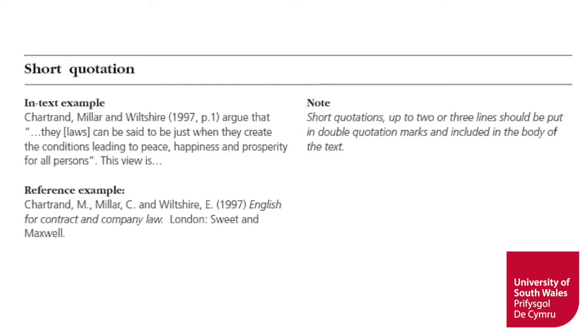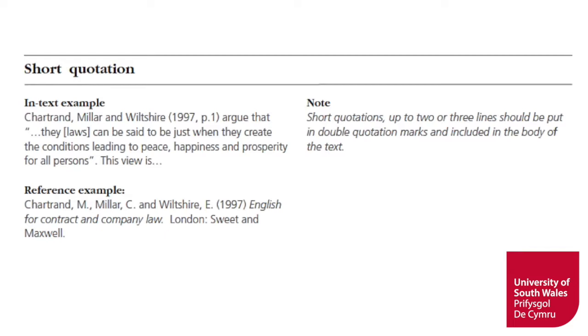If for any reason you want to include a quotation, you need to put quotation marks around it. So here it says a short quotation, which is usually less than 40 words. It needs to have double quotation marks, and it should have a reference. So here it says Miller and Wiltshire, 1997, and it should also have a page number.